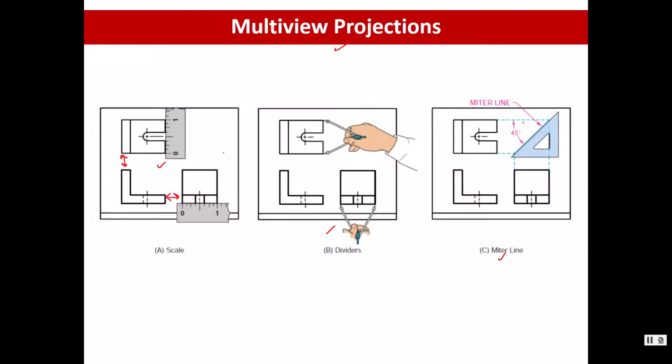At the same time, I would also like to introduce the miter line. The miter line is the 45-degree line that can connect the side view and the top view, so that if this is a manual drawing, we can transfer all the information from one side to another. And we are going to do this later during our lab work, in which for manual drawing, if I just give you two views, let's say the front view and the side view, I want you to draw the top view.